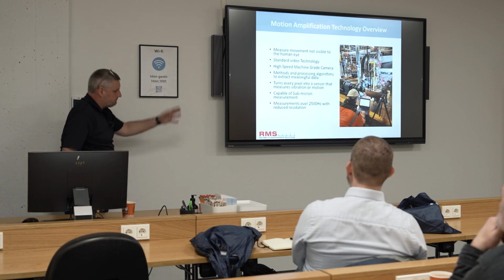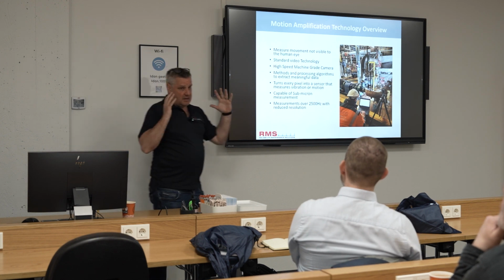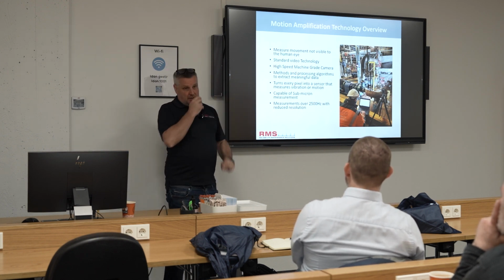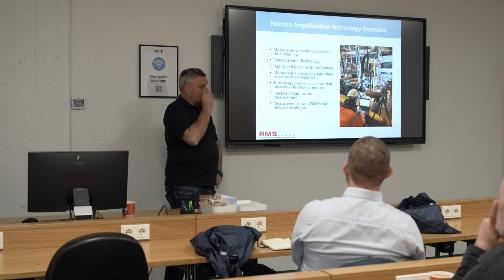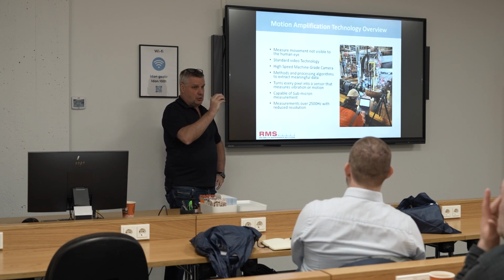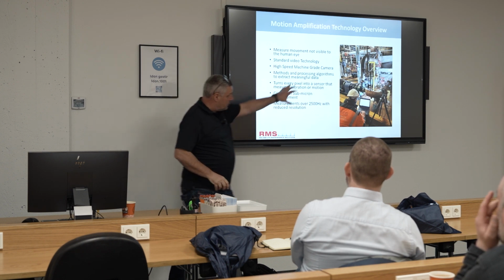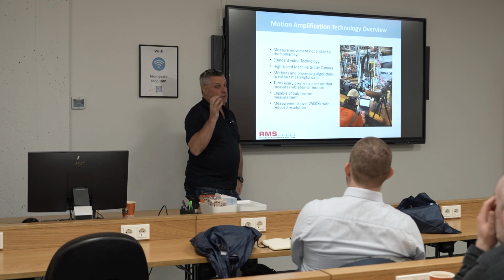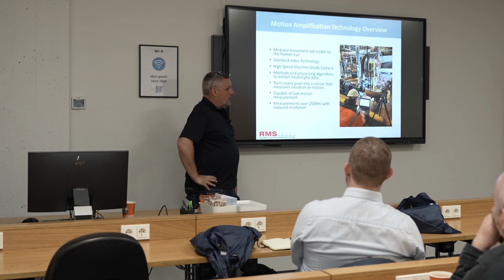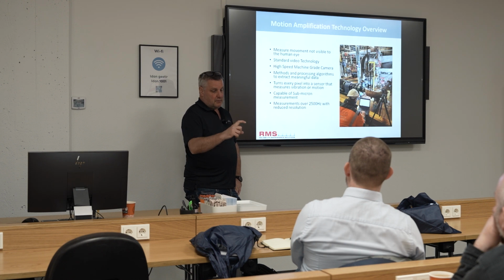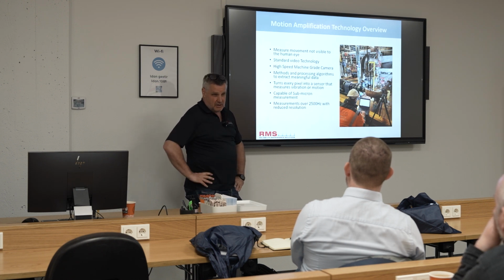So there are limitations with the camera, as these boys will tell you as well. With a standard camera, the frequency range is up to 60 hertz only. After that, you have to start cropping the video, but we lose resolution. So there are two types of camera: a low frequency camera and a high frequency camera, which allows you to look at various frequency ranges.